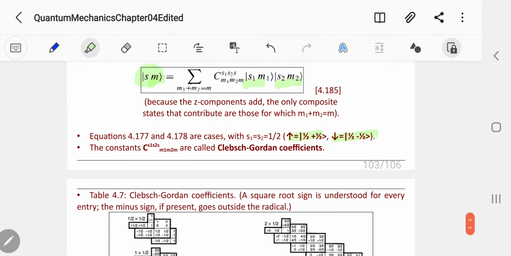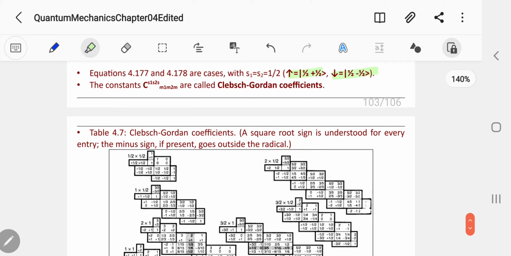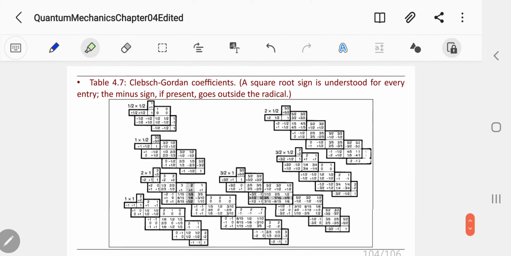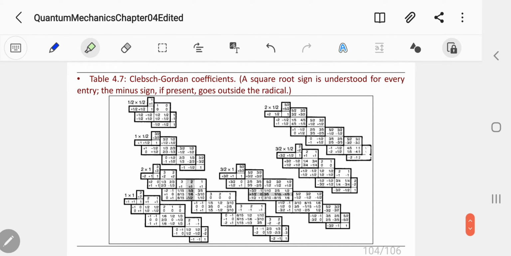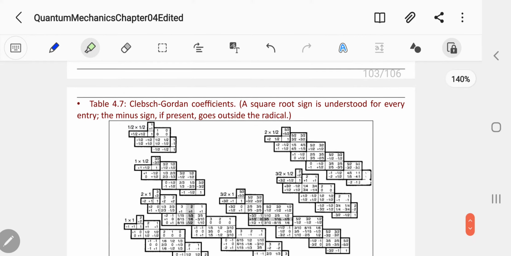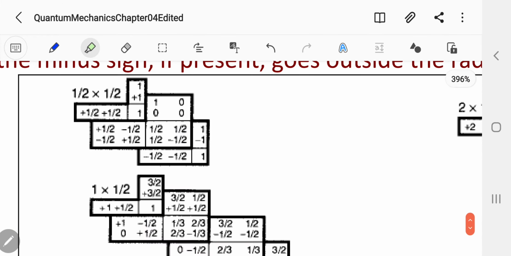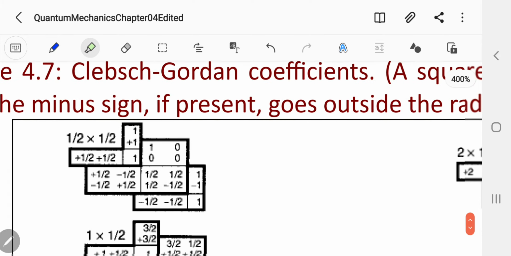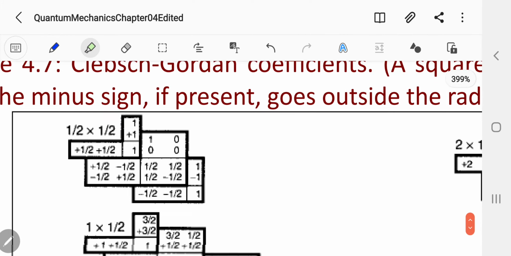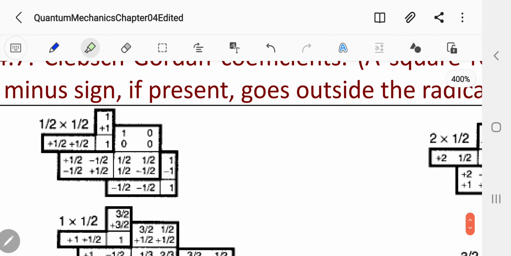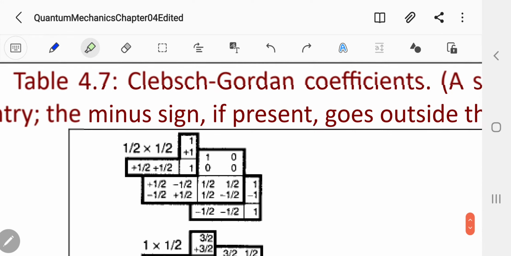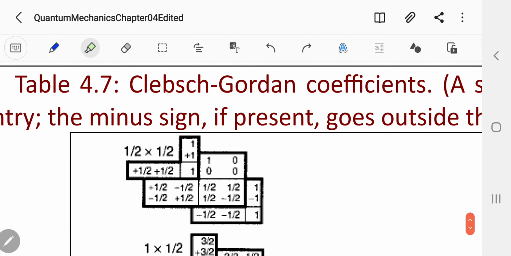So let's look at the Clebsch-Gordan coefficients. A square root sign is understood for every entry here. Let's enlarge this one. This is already the maximum size, sorry. This is the Clebsch-Gordan coefficient.